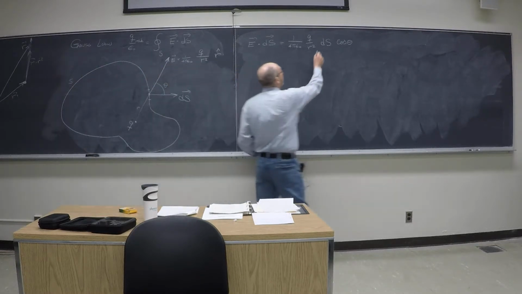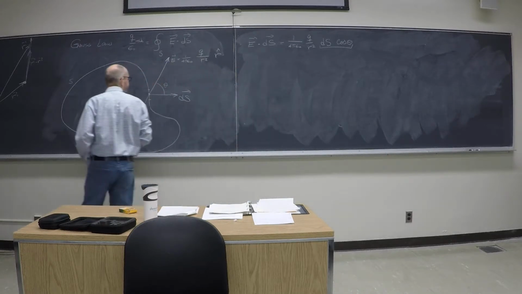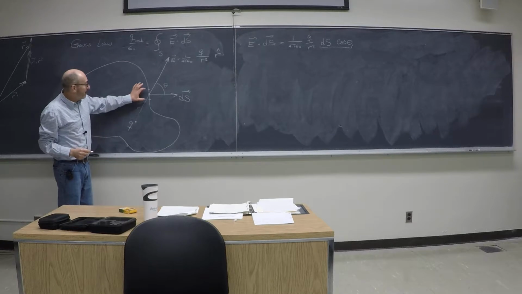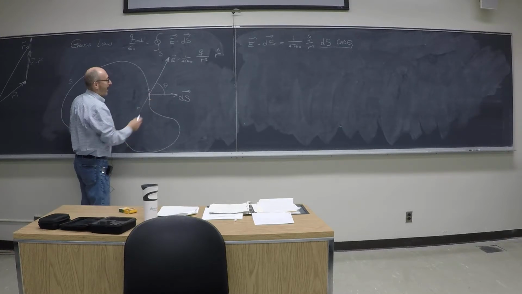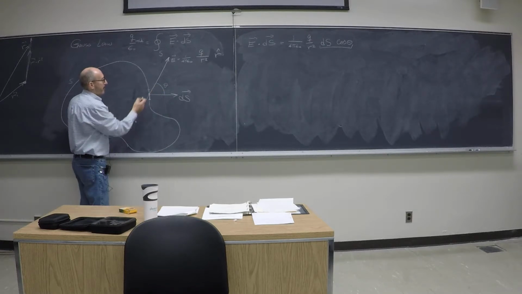I want to look at this thing here, and now let's see what happens. I have this segment here, and this is ds, and this angle is theta. I want to make this construction.